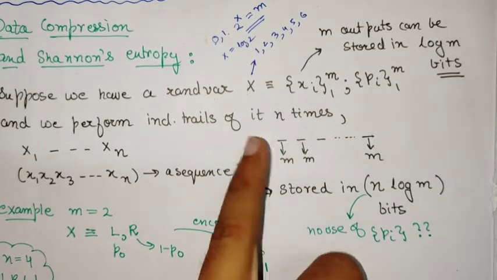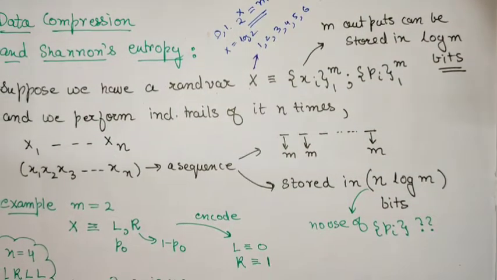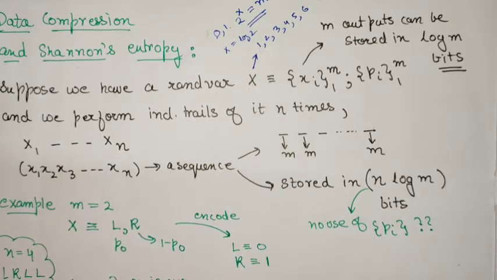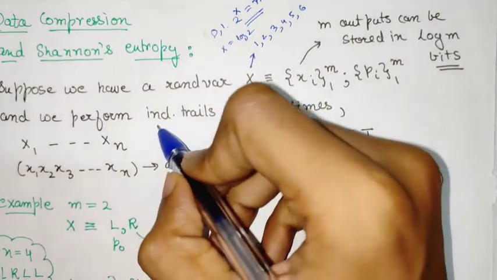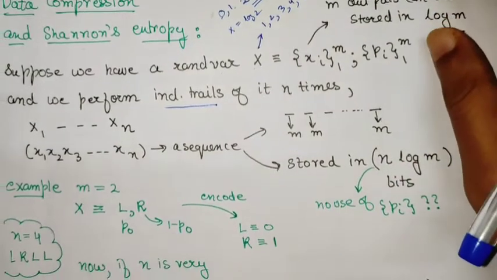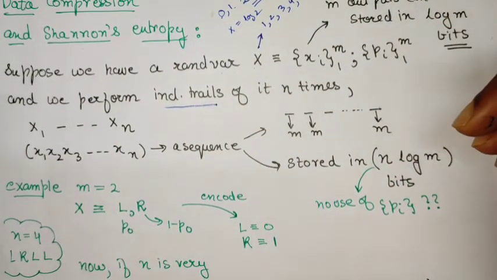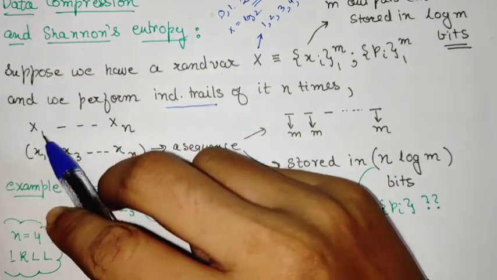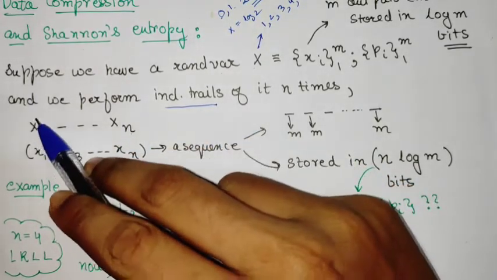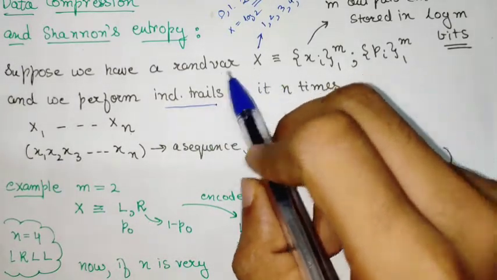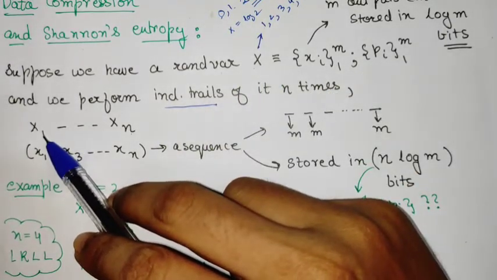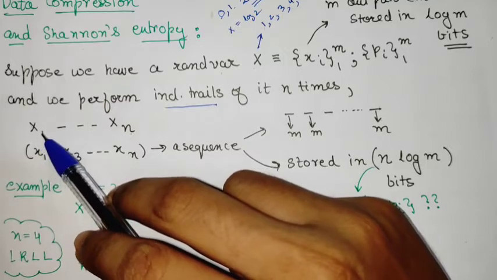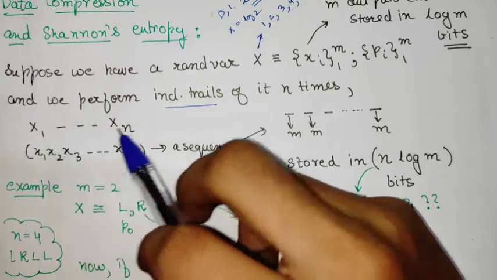Now, this is a single random variable, and we perform many trials of it, and the trials are independent. For example, we keep tossing a die, suppose 100 times, then n will be 100, and in each of the trials the random variable is just x. But to separate which trial I am talking about, I can relabel them 1 to n.